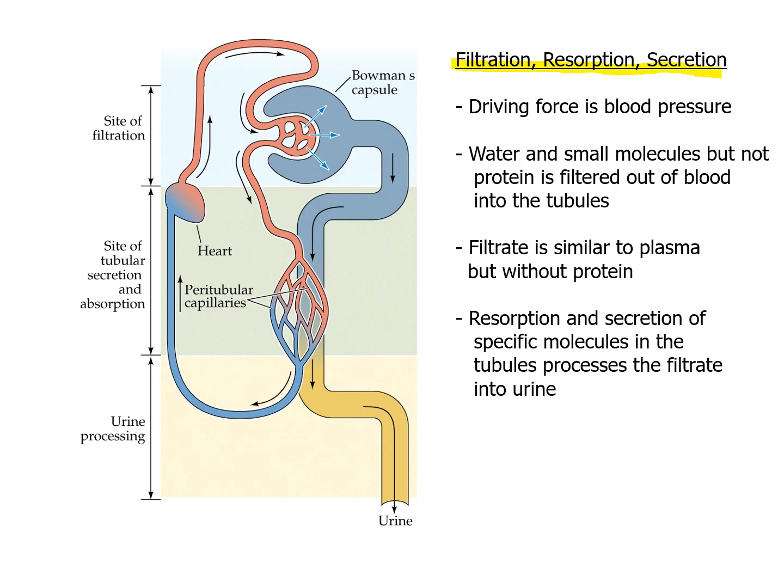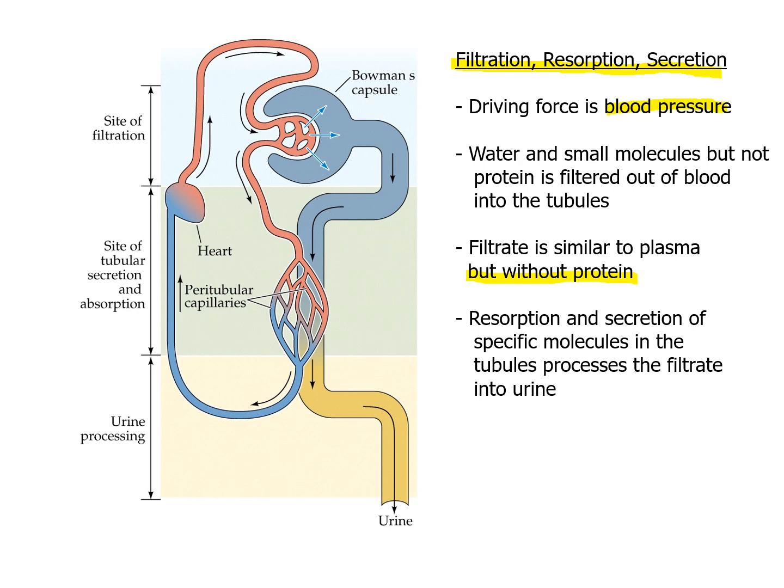The driving force in formation of a filtrate is the hydrostatic blood pressure. That's the main force. So water and small molecules, but not any significant amount of protein at all. Maybe a few small proteins do get filtered out of the glomerulus and into the glomerular capsule. Essentially, the filtrate is similar to plasma, but protein free.